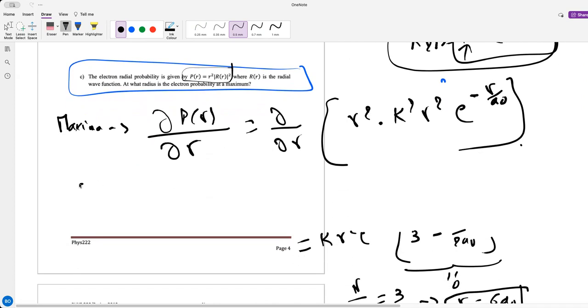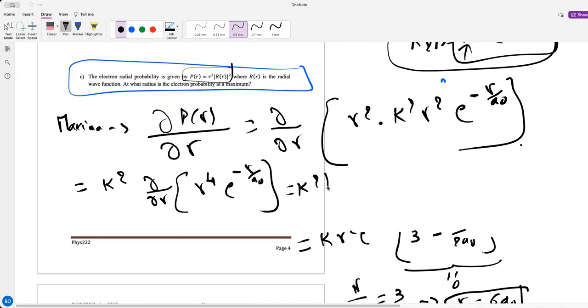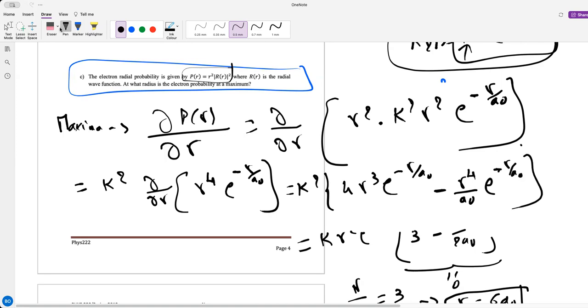This will give me the derivative: K squared and the derivative of r to the power of 4 exponential minus r over a0, and then K squared, it will be 4r cubed exponential minus r over a0 minus r over a0 exponential minus r over a0. Okay, right?